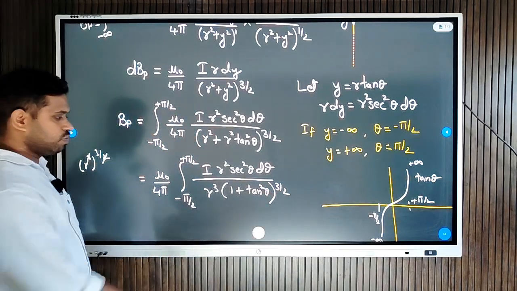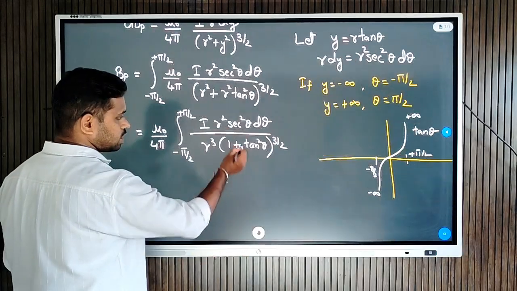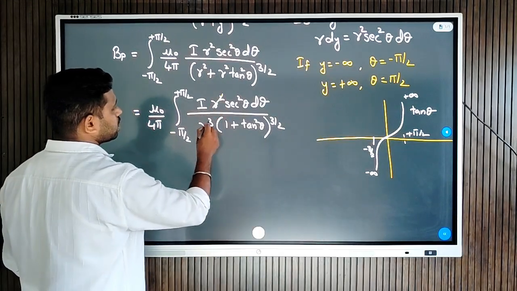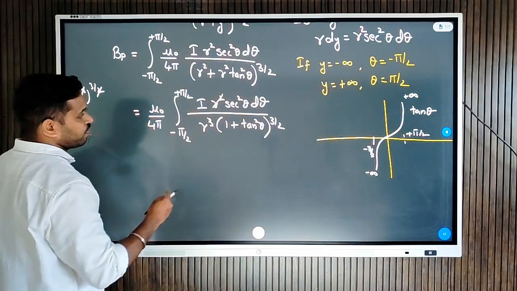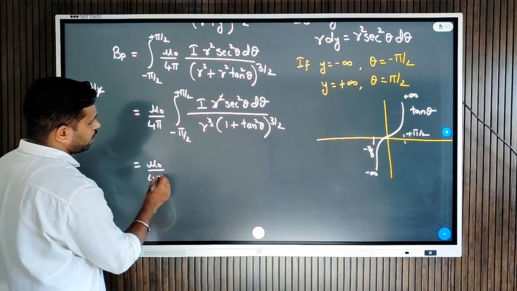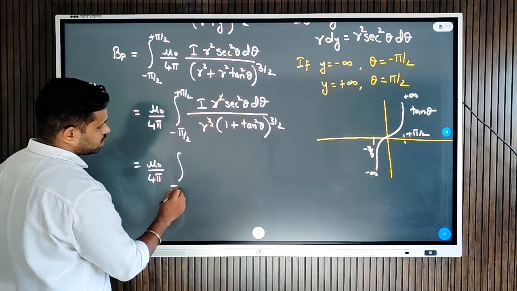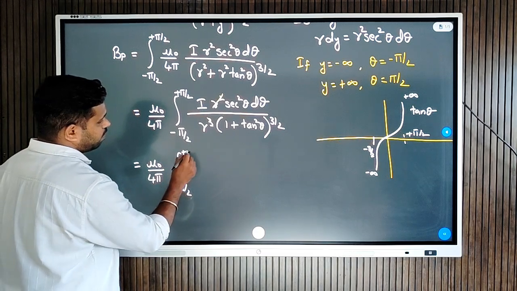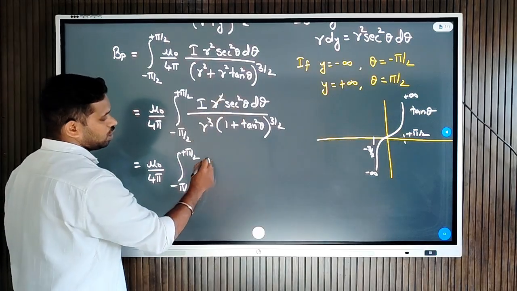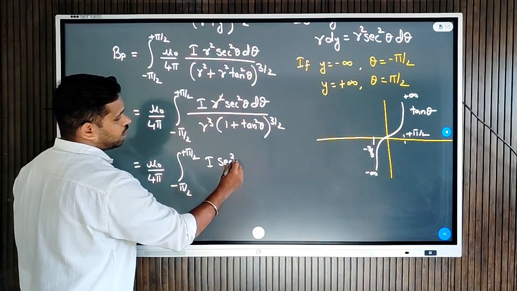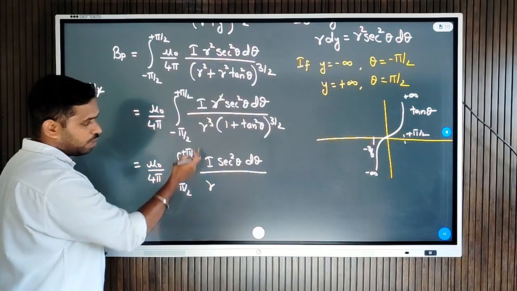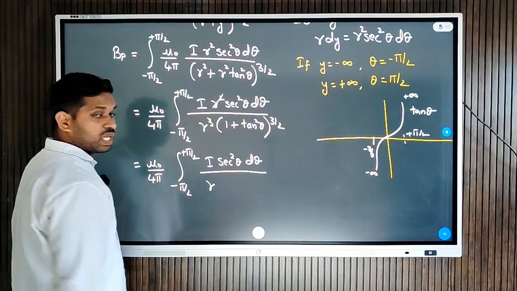Now things are becoming even simpler. The r squared is going to cancel, and here we have mu naught upon 4 pi, integral from minus pi by 2 to plus pi by 2 of I sec squared theta d theta divided by r.